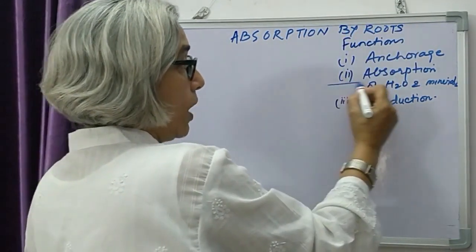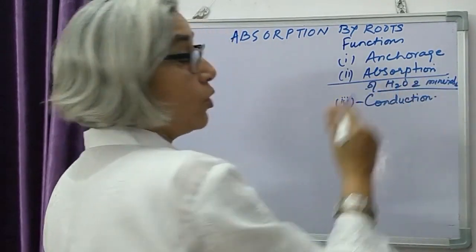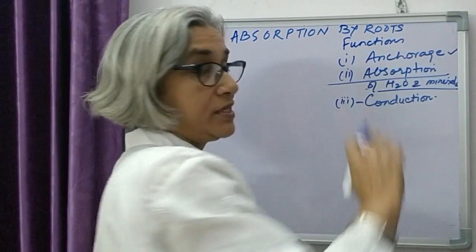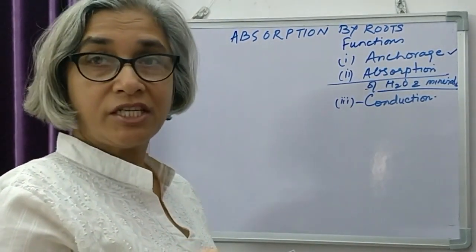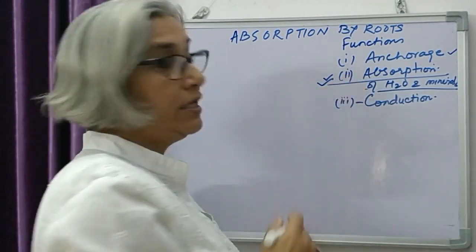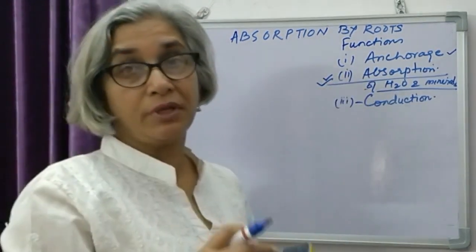Now, why does the plant need water and minerals? This is clear. It is fixing the plant because it is stationary, it cannot move. But why does the plant need water and minerals? Simple.